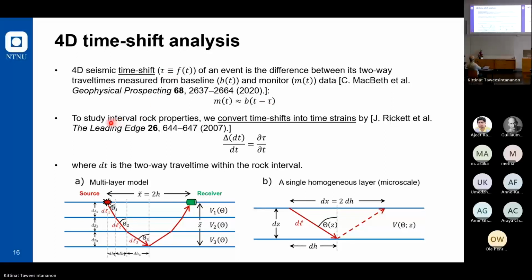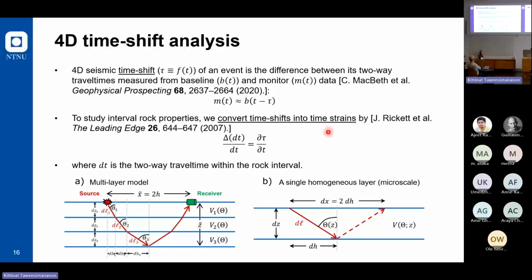To study the interval rock properties, we need to convert time shift into time strain, because the time shift, by definition, is the cumulative travel time difference from the surface down to the target. But what we need to study is the interval rock properties. That is why we need to convert time shifts into time strains.